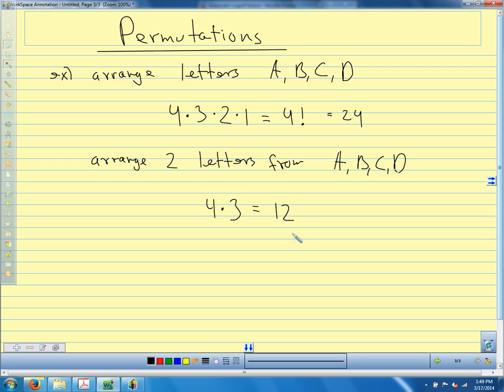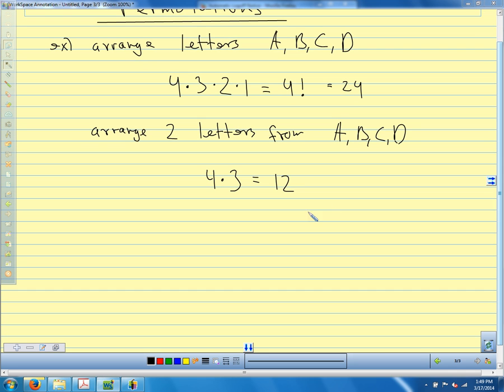So what we want is a way to come up with a formula that would let us talk about any arrangement of a smaller set from a bigger set. What we call that is a permutation, and the way we calculate that is our formula. We write nPr for permutation, and it is n factorial over n minus r factorial.